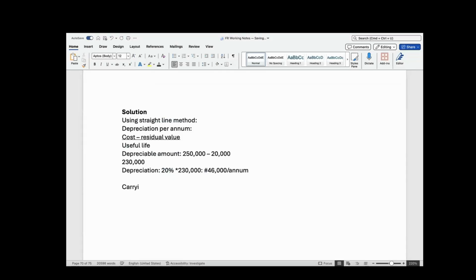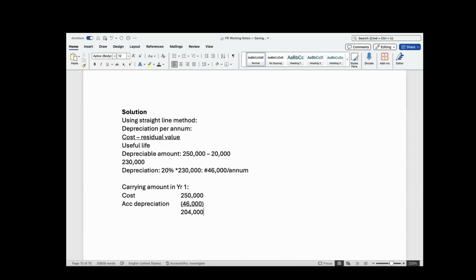In this case, my carrying amount at the end of year one is simply the cost, which is 250,000, minus accumulated depreciation, which is 46,000, gives me my carrying amount of 204,000.